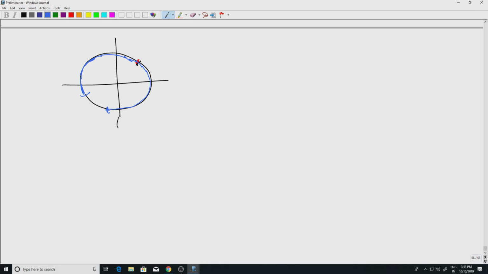Intuitively, it's clear that this arc can be mapped in a homeomorphic manner to an open interval in R. One can think of it like straightening a piece of string. Imagine a string has been put in the shape of a circle. I just straighten out the string. That is a homeomorphism onto an open interval.